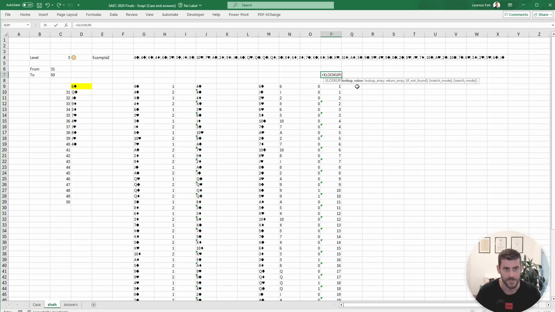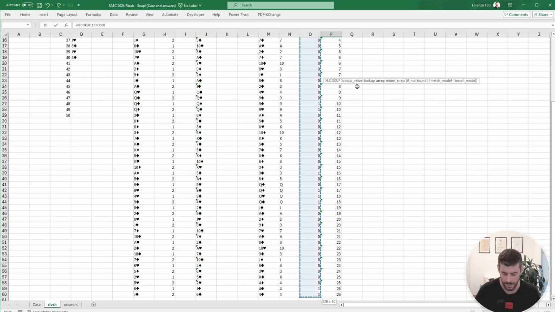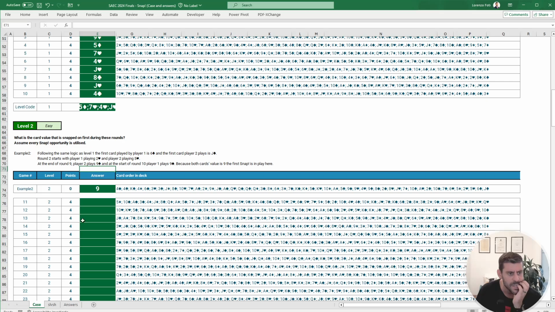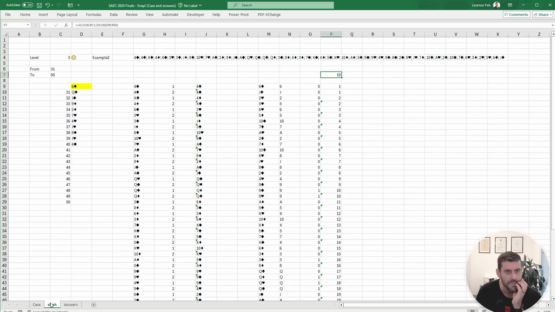So I just need to look up 1 here, returning this. At the end of round 9. And what is the card value? So that's the request.